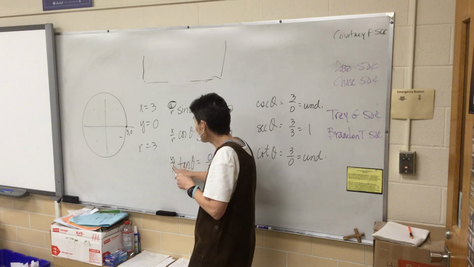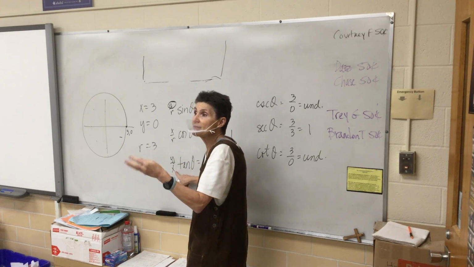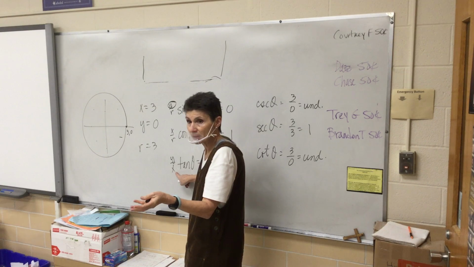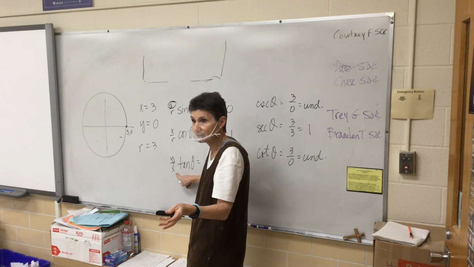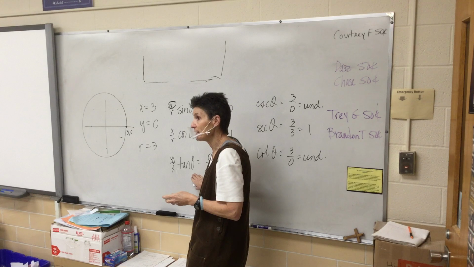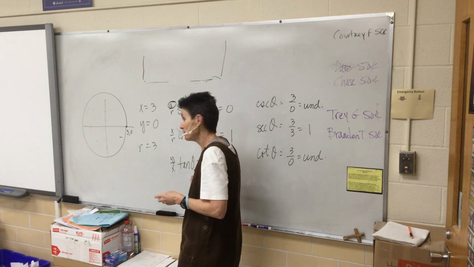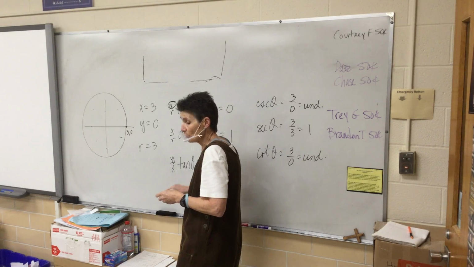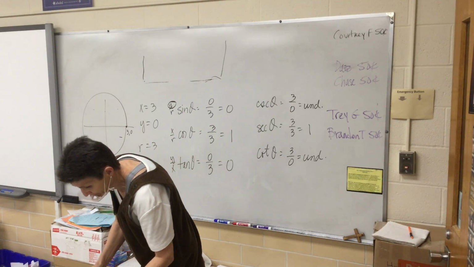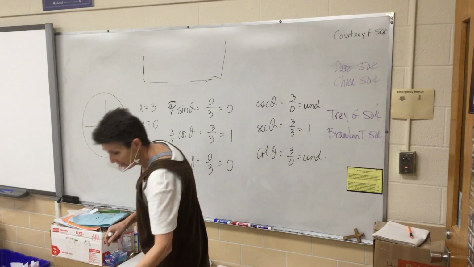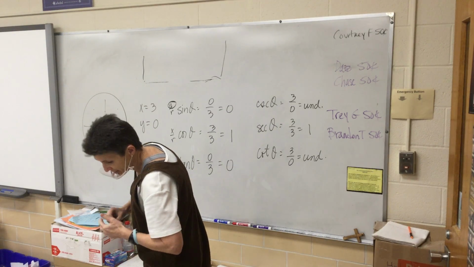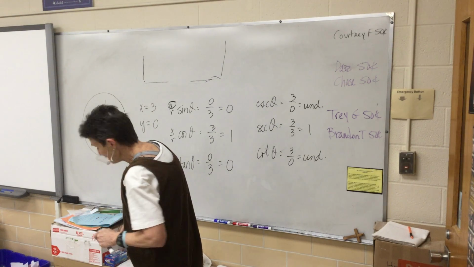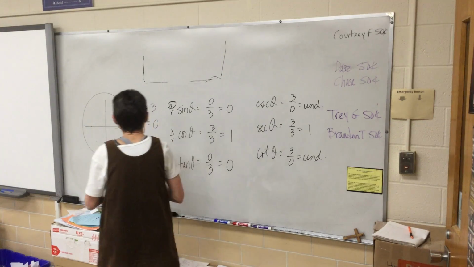So if y and x are both negative, then the tangent would be positive because it's a combination of those two. So when I look at the next section, it says, tell the sign of the sine, cosine, and tangent of an angle in the given interval.